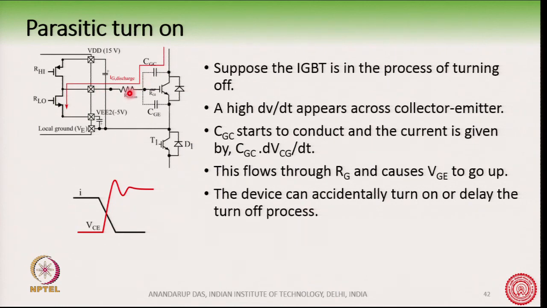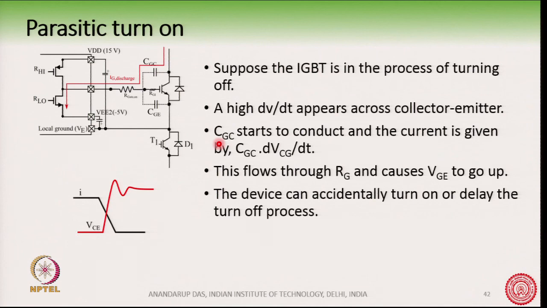Now, this current will flow through the R gate off, or it is a parallel combination of R gate on and R gate off, RG on and RG off, it will flow through this together. If it flows through that resistance, then this point's potential, the gate potential will increase, and therefore, VGE voltage will go up. Okay, because this is flowing through this RG here. So, this point's potential will increase.